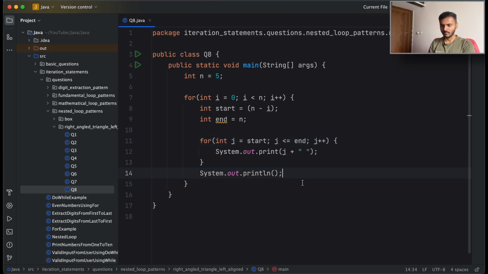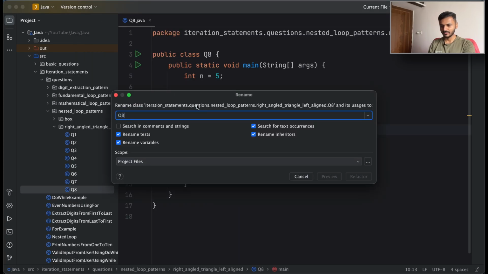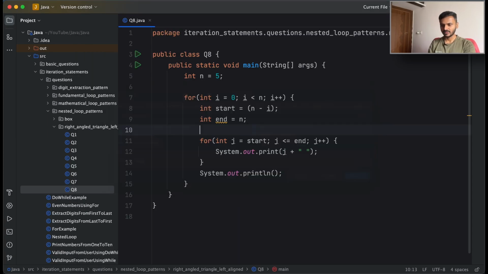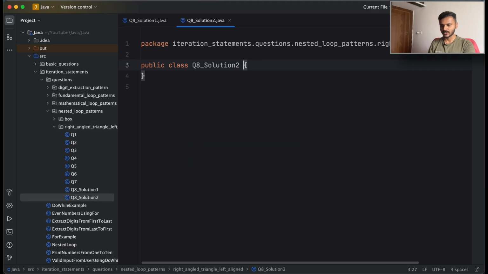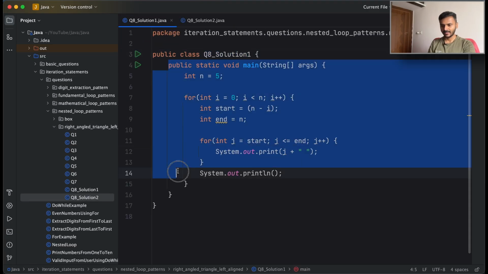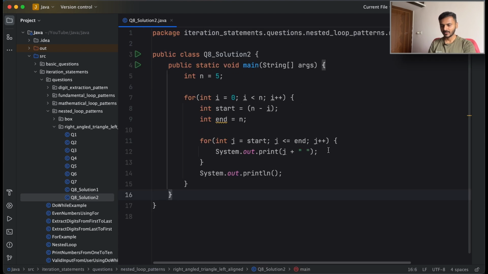And actually, let's not modify this code. Let's quickly refactor this and rename this to solution 1. Then create another class. Let's call it Q8 solution 2. Let's grab the main method from here, close this and paste.